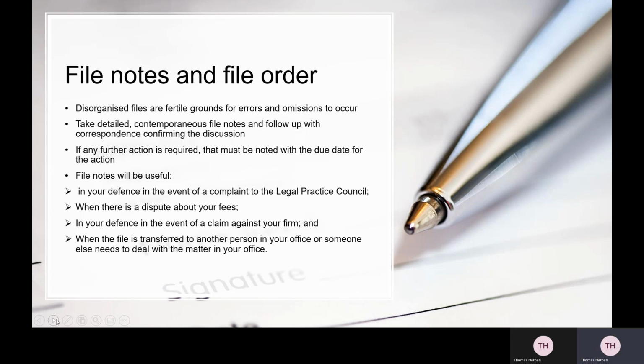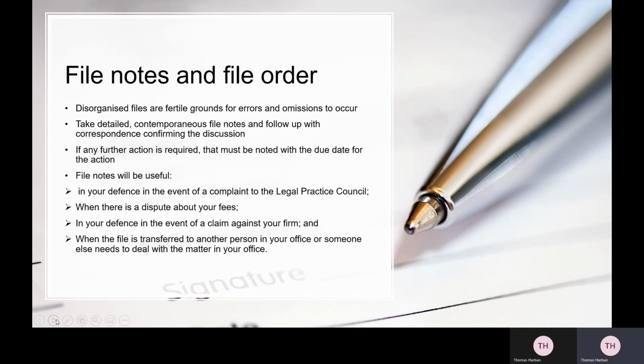If there's a dispute about fees and the client says that you are charging them for attendances that didn't happen, the file note and the correspondence that followed those file notes will assist you. If you are taxing a bill of costs and there's a dispute about the attendances, the same situation applies. File notes will assist you.